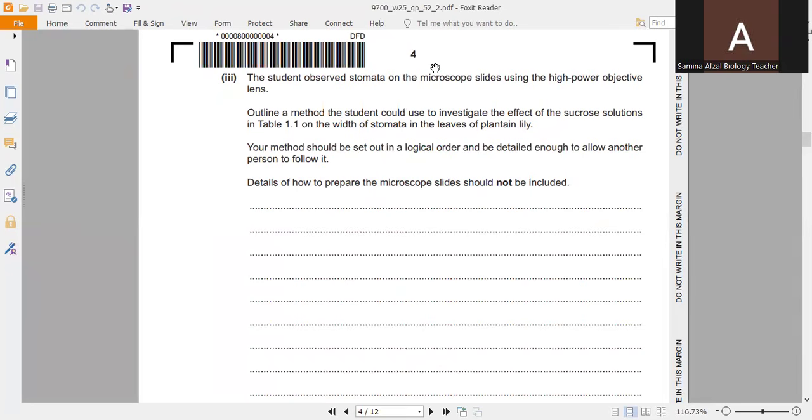Outline a method the student would use to investigate the effect of the sucrose solutions in table 1.1 on the width of the stomata in the leaves of plantain lily. Your method should be set out in a logical order and be detailed enough to allow another person to follow it. Details of how to prepare the microscope slides should not be included.